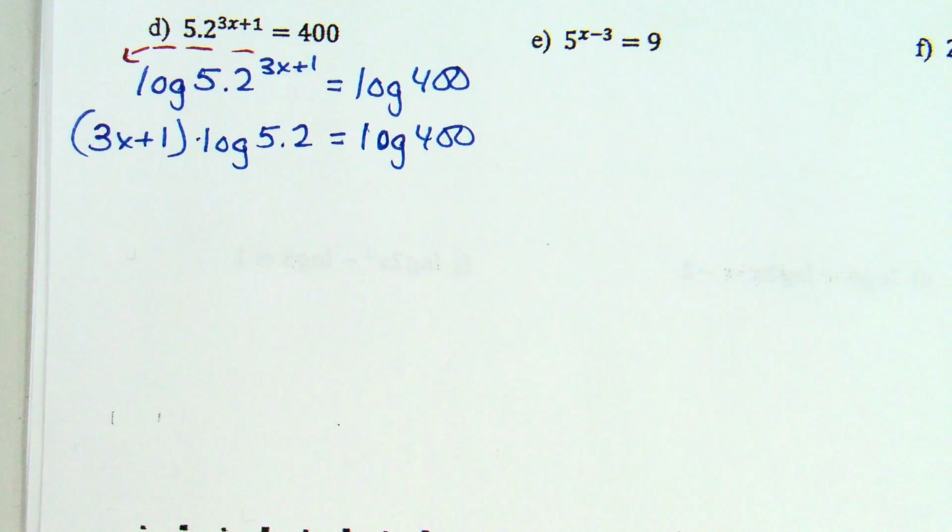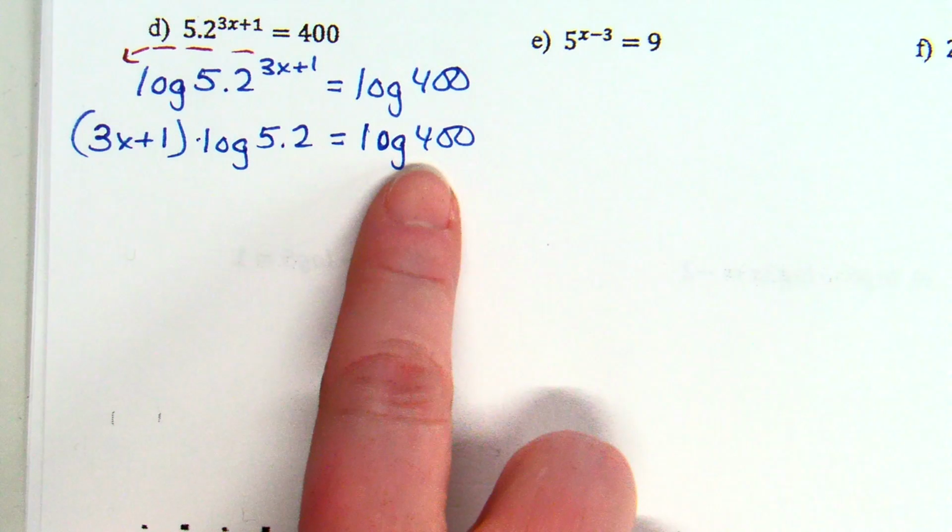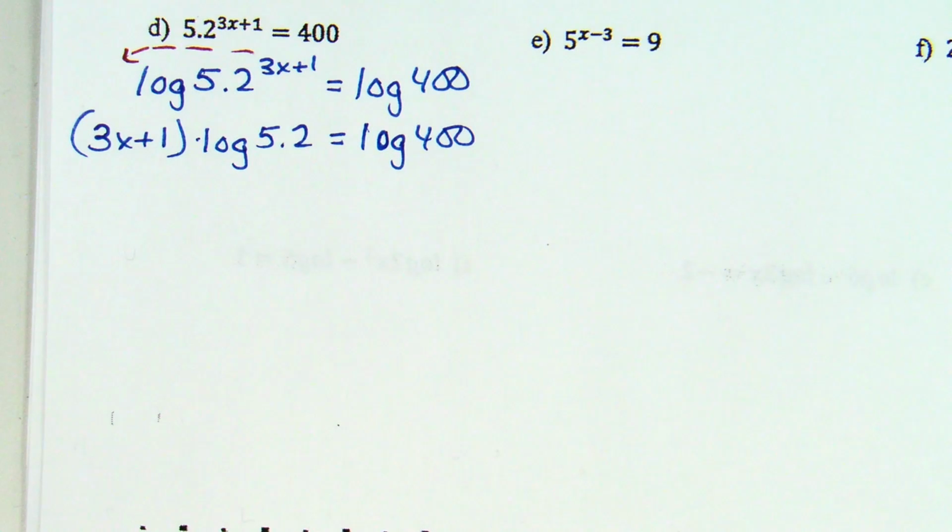I can agree with that. The other option right now, if you wanted to, would you divide log of 400 by log of 5.2 and then treat it like a normal equation, subtract 1 over and divide by 3? Yeah. Okay. And that's probably the easiest option for me to take, you guys, is that this log of 400 divided by log of 5.2, it's going to be some messy decimal.